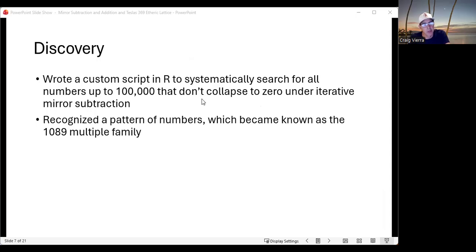It took me a little while to go through the numbers and recognize the specific patterns, but I did find a pattern of numbers that became known as the 1089 multiple family.